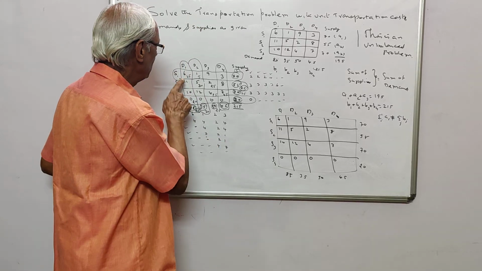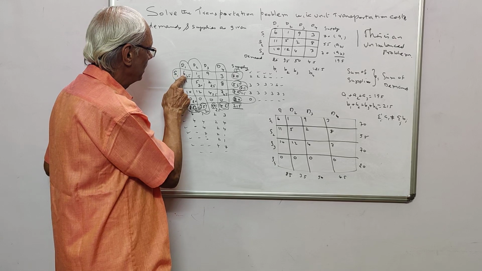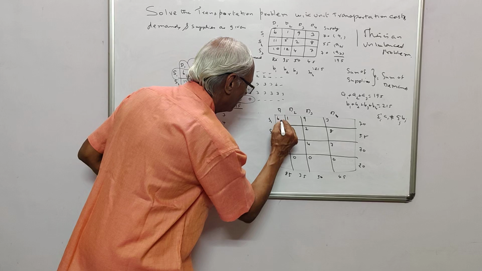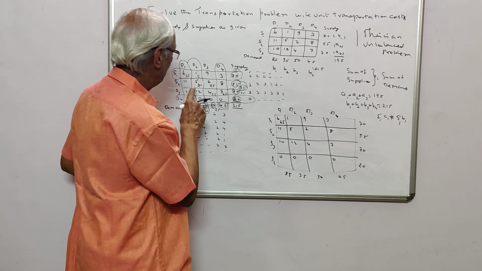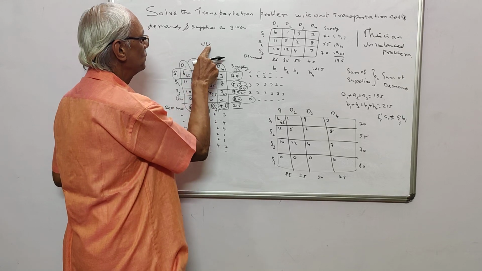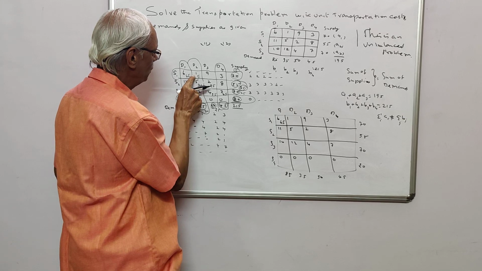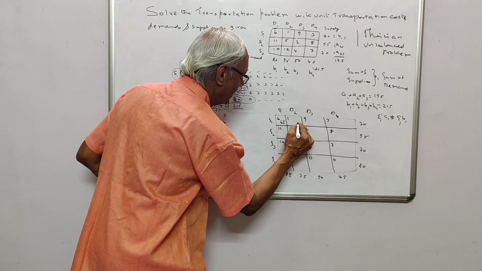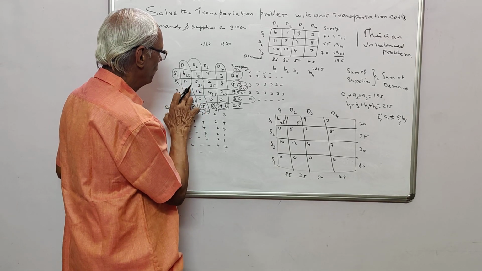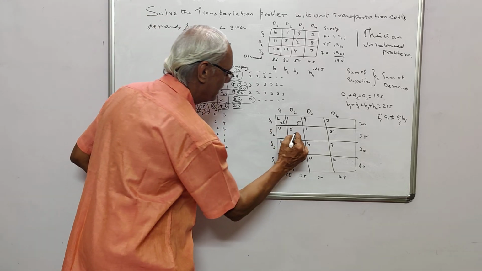Now see here, go to the first cell. This is your first cell. You have made an allocation. So how much allocation you have done here? 65. Then first see, 1, 1 means first row, first column, cell. Then the second, 1, 2. For 1, 2 you have given 5. So you have allocated this 5 and nowhere else. Come to the second row. For the second cell 2, 2 you have allocated 30.